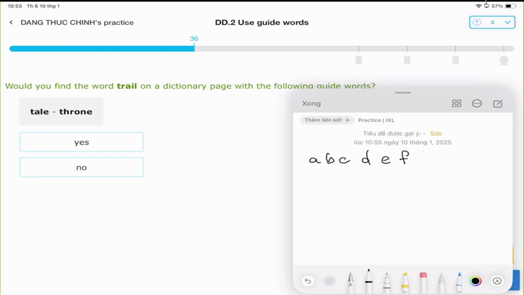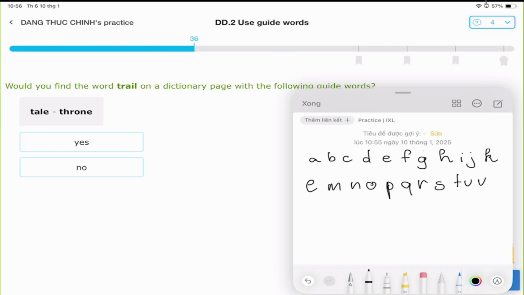D, E, F, G, H, I, J, K, L, M, N, O, P, Q, R, S, T, U, V, W, X, Y. Okay, now we already have the whole alphabetical order.